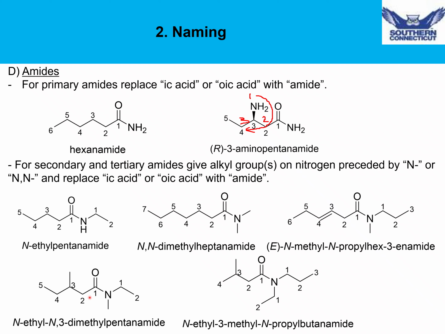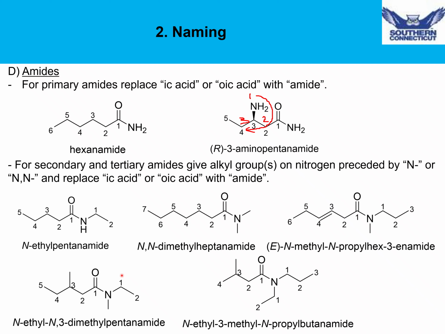This next example illustrates how you would treat an amide that has substituents on the nitrogen as well as somewhere on the carbon chain of the parent name. So we basically treat the three different substituents the same way, other than we use the letter N to indicate the location of the groups on the nitrogen versus a number to indicate the location of a substituent on the parent chain. So we are going to alphabetize these groups the same way, whether they're on the nitrogen or they're not.